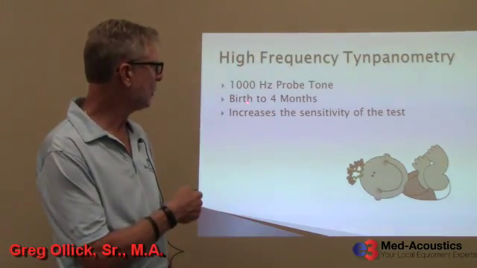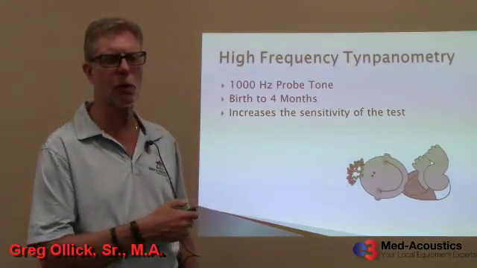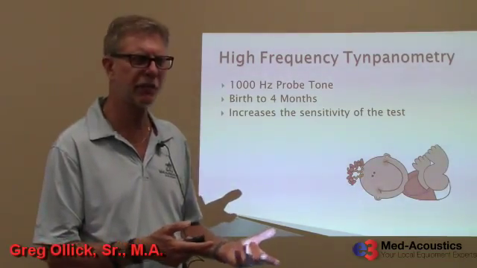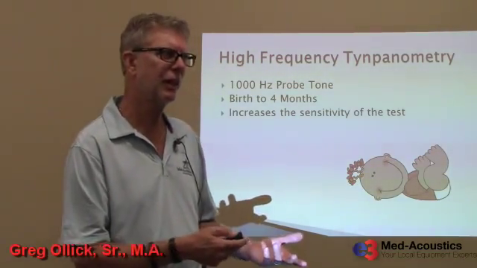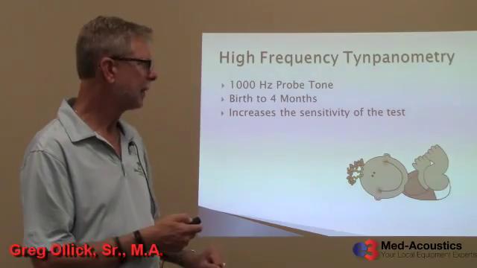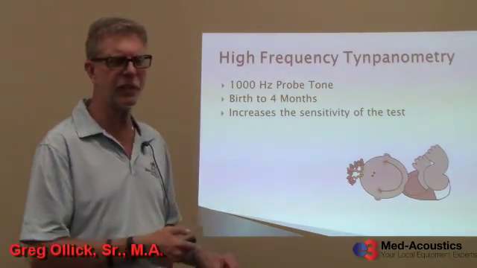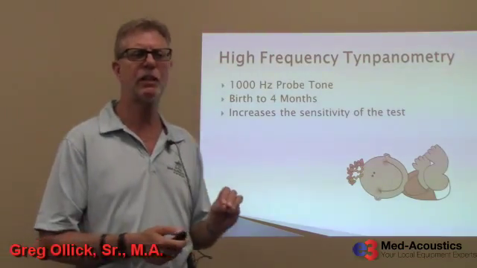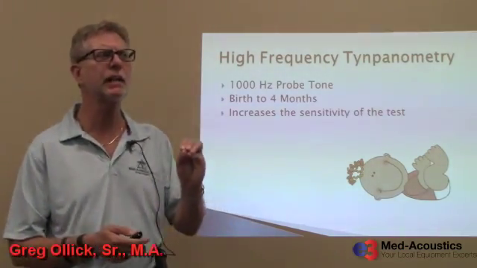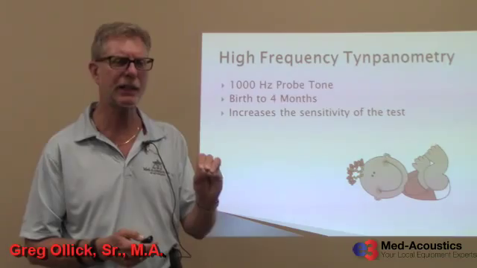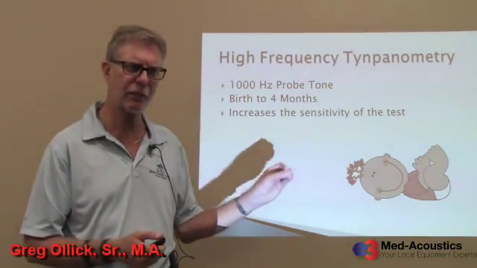We use that on patients from birth to about 4 months old. You can go to maybe 5 months, some even go to 6, but beyond that, it's not necessary. What it does is increase the sensitivity of the test, by which I mean the ability to actually identify middle ear pathologies like we just mentioned.